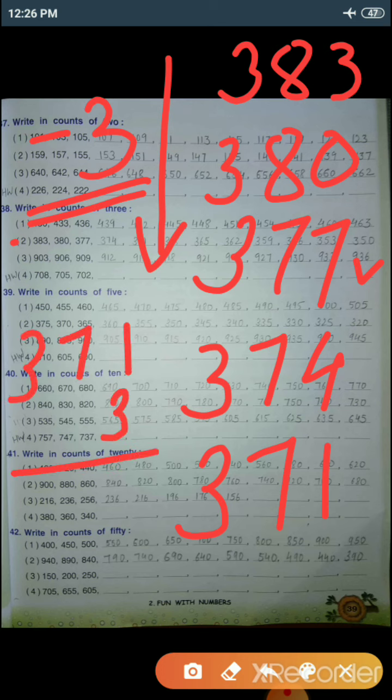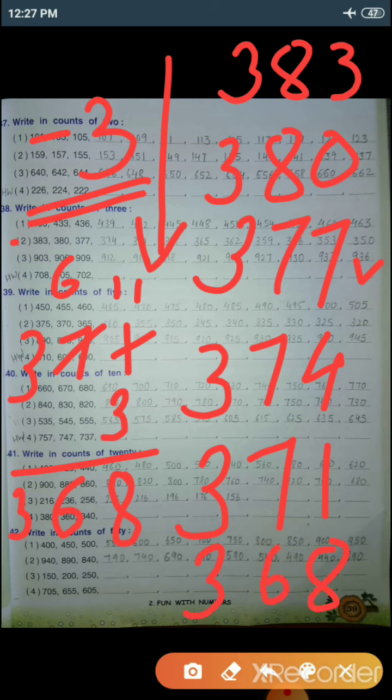Okay, now again we are going to subtract 3 from 371. So for that we need to calculate. So we'll cut this one and we'll write here 11. 11 minus 3 will give you 8. Then again cut this 7 and write here 6. So 6 and 3. So next number is 368.